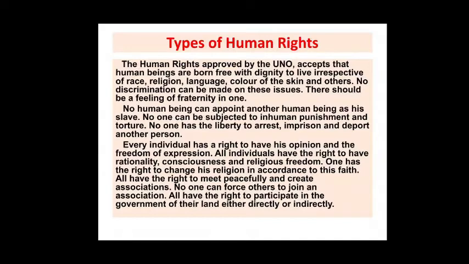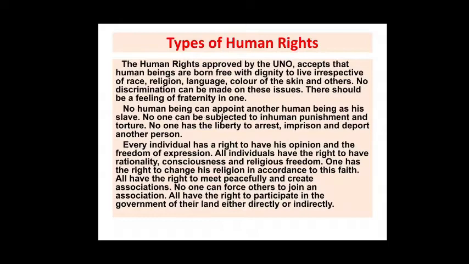Understand, children? No human being can appoint another human being as his slave. Before, the bonded labor system was there. Now that is eradicated. That's why the Human Rights Commission declared that no one can be appointed as a slave.